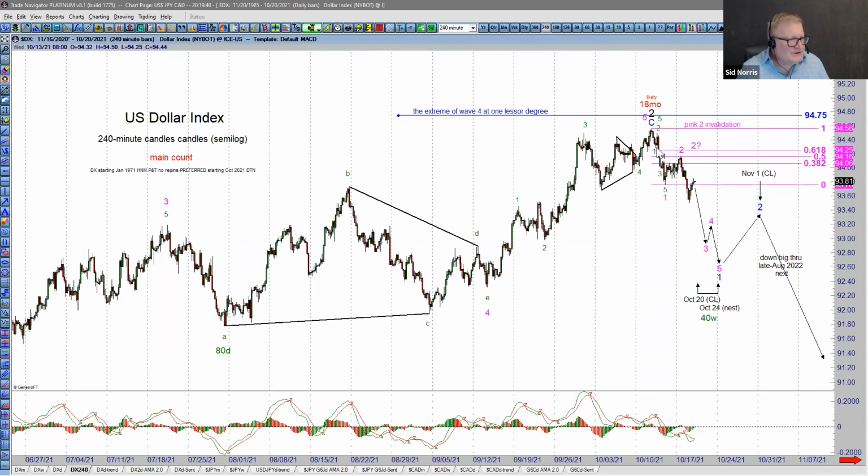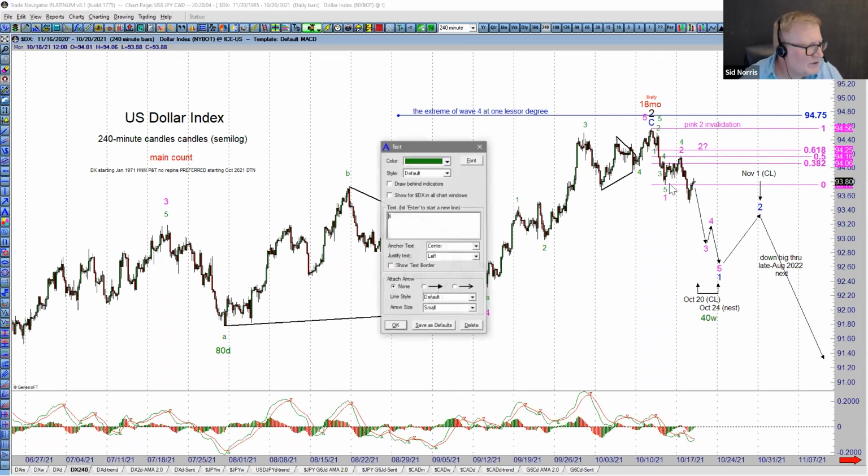But this looks like a really clean 5. 1, 2, 3, 4, 5. And this upward movement here, that was corrective. Now this downward movement right here so far looks like a 3. And you know how I just told you I thought the miners were going to move down for a few more days, maybe through the end of the week, maybe even through Monday.